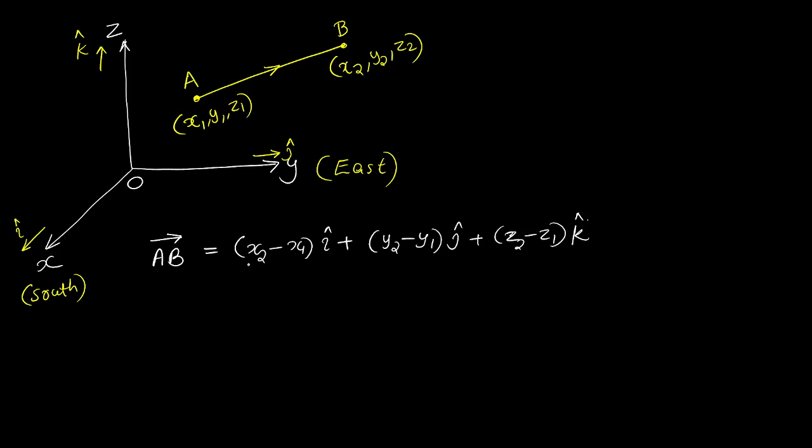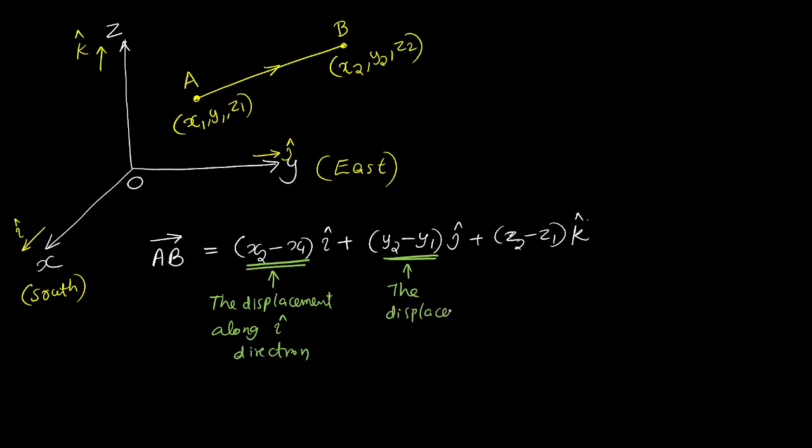So you just understand. Let me write here. x2 minus x1 stands for the displacement along the i direction. For example, in the south direction, the helicopter covers this much distance. y2 minus y1, the coefficient of j, stands for the displacement along the j direction. j means east direction, for example.